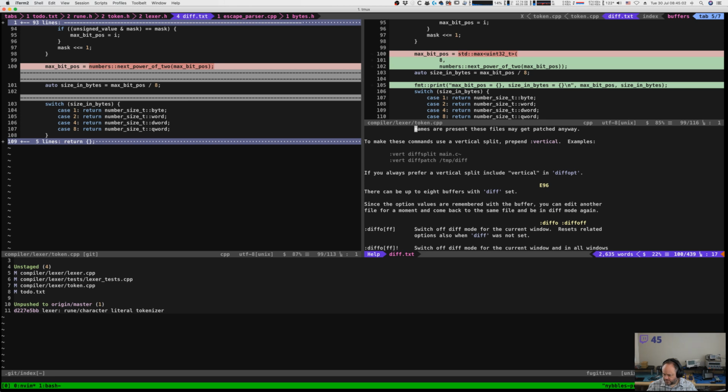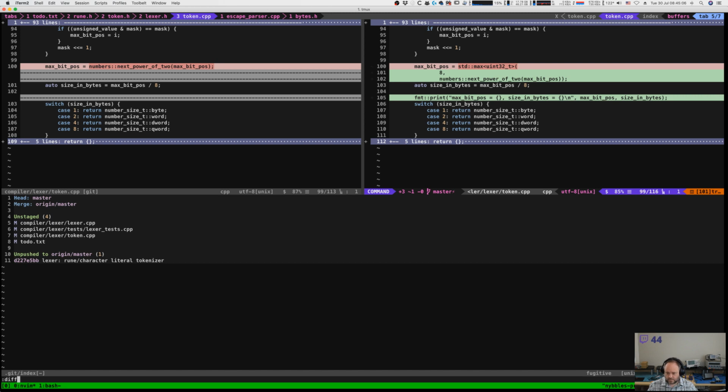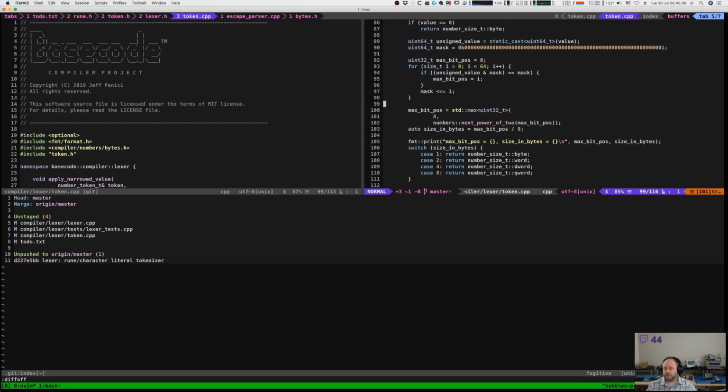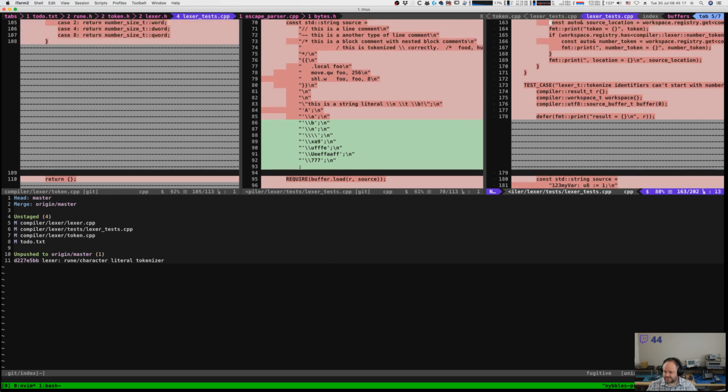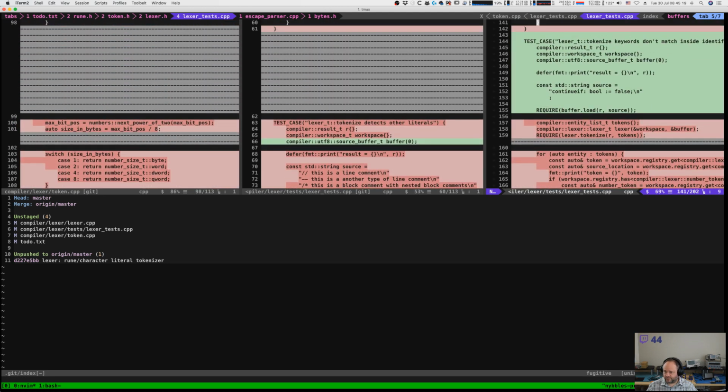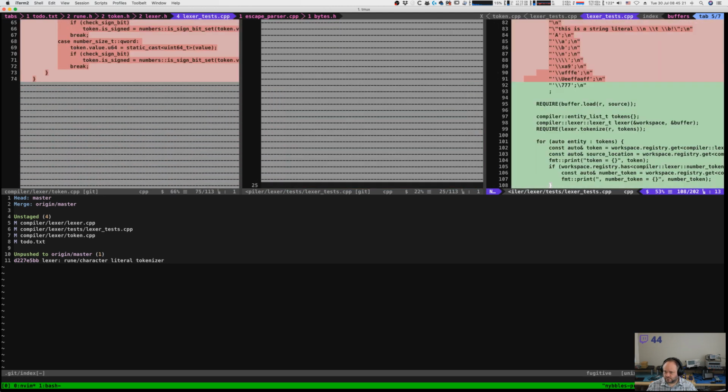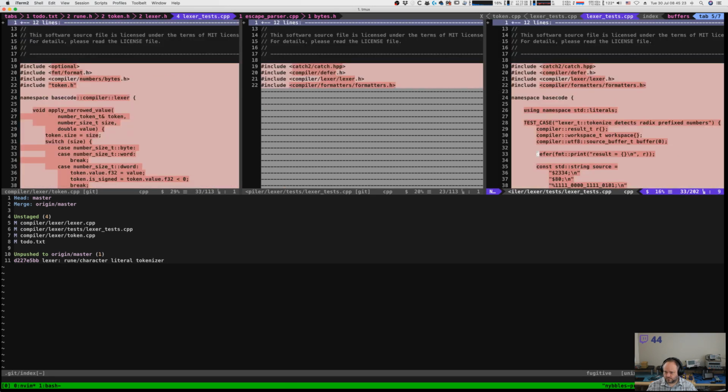Diff off. Okay, so let's try that. Better. Okay. Better butter. All right, so that was that one.